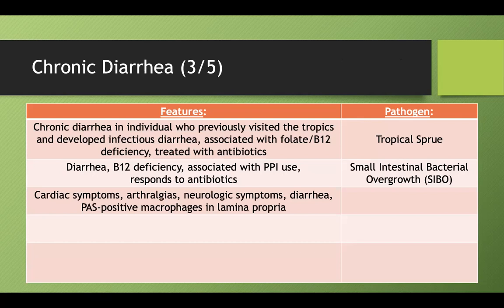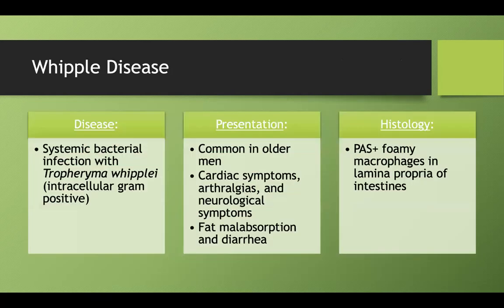How about if somebody had cardiac symptoms, joint pains, neurologic symptoms, and diarrhea, and if you actually did a biopsy, you'd find PAS positive macrophages in the lamina propria. Now we're describing Whipple disease. My favorite mnemonic for Whipple disease is the can of whip pass.